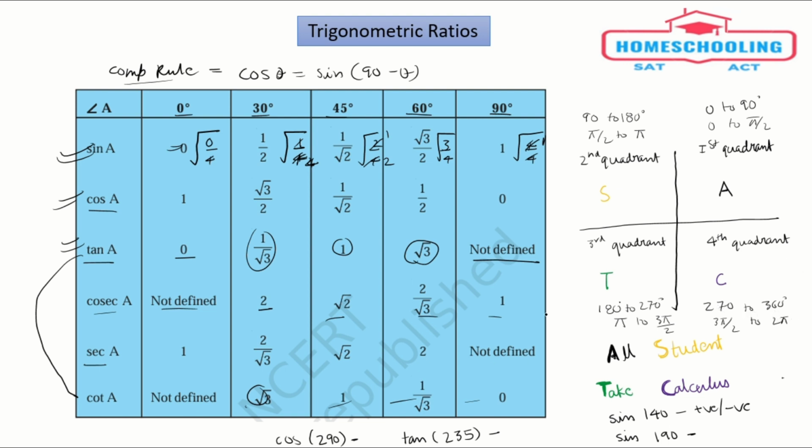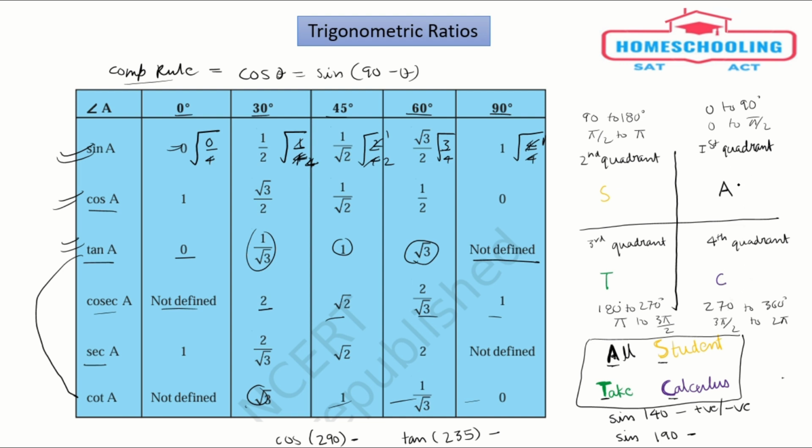You have to remember this: All Students Take Calculus. We take A from All for the first quadrant, S from Students for the second quadrant, T from Take for the third quadrant, and C from Calculus for the fourth quadrant.